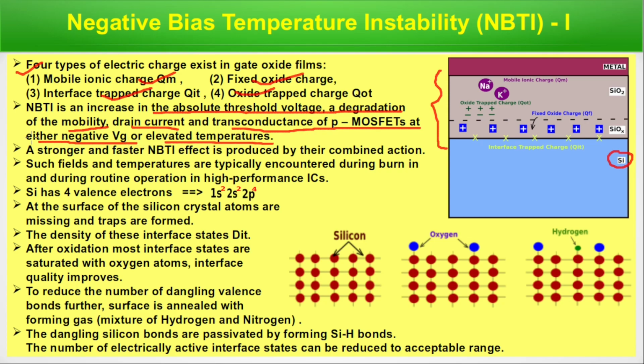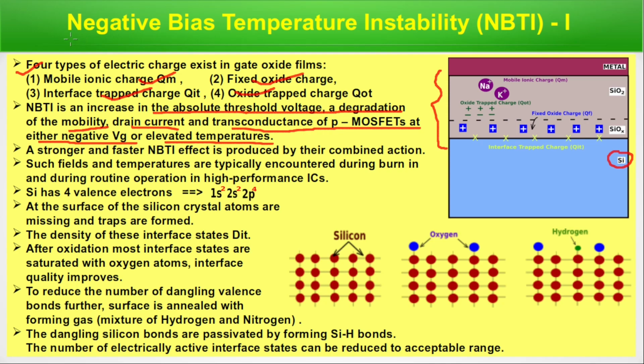Due to NBTI, a bunch of parameter values of a MOSFET degrade: mobility, drain current, transconductance, threshold voltage. These are some important parameters related to a MOSFET. This bunch of parameters get degraded in case of negative bias temperature instability, or NBTI, and it creates an instability.